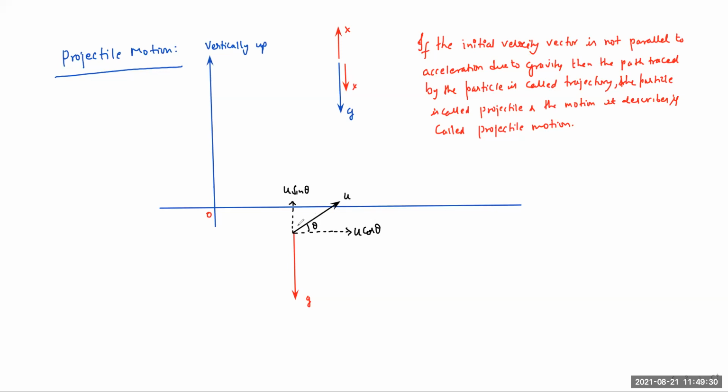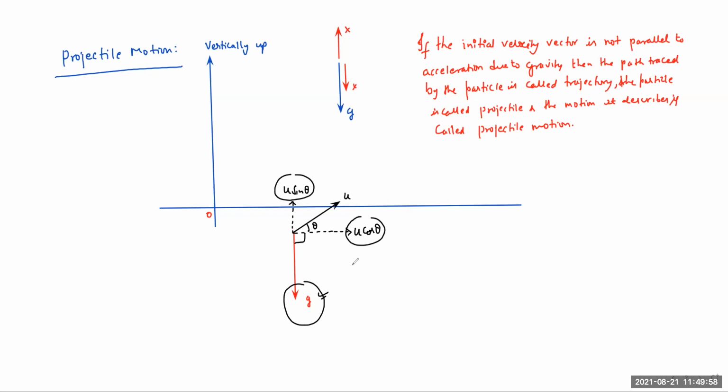Now, what we need to understand is that gravity or the acceleration changes velocity. That's the definition of acceleration. But the other rule says that acceleration can only change the velocity in its own direction, which means this g can affect this value, but not this value, because these are mutually perpendicular.